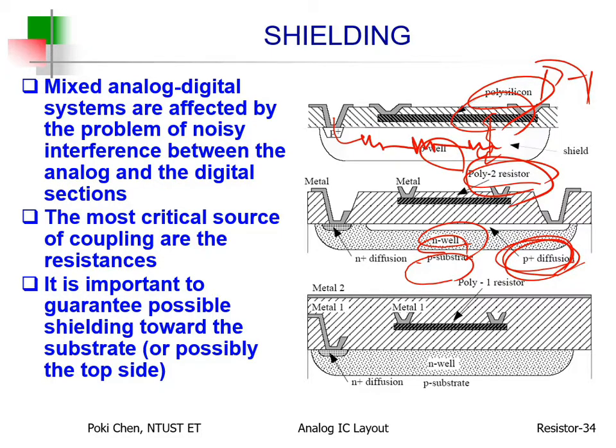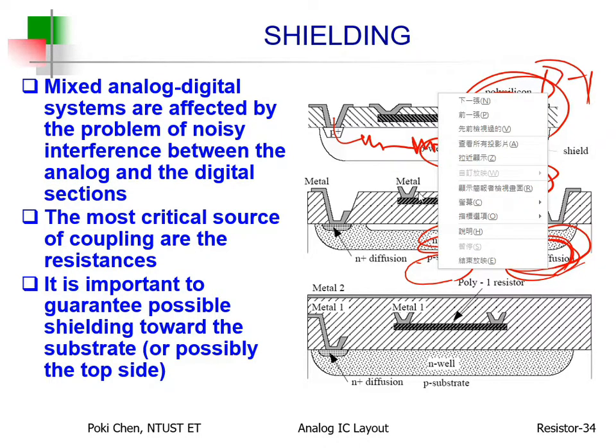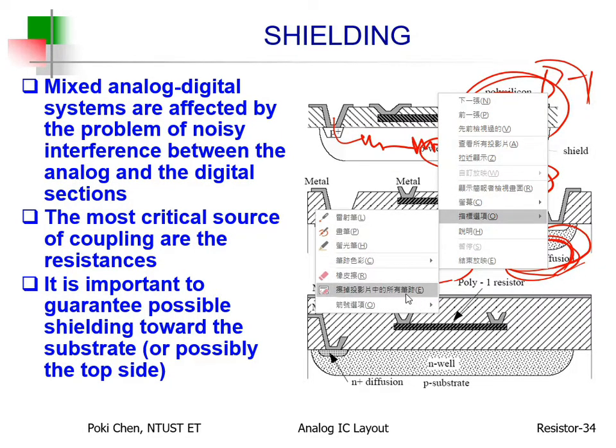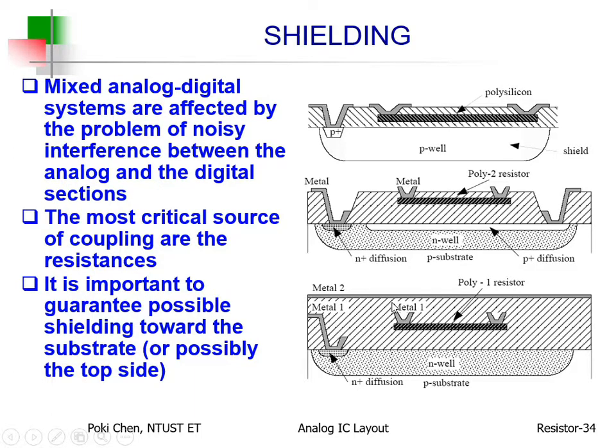Got it? So if you use poly1, sorry for that, it will be fabricated earlier than P plus or N plus. It means you don't have the chance to have P plus diffusion beneath the poly1 resistor. Sorry for that.